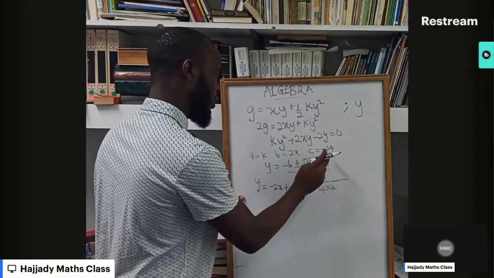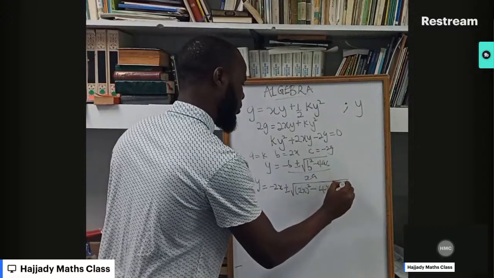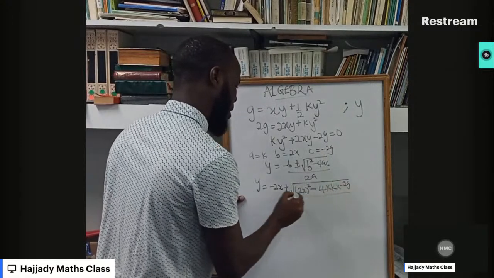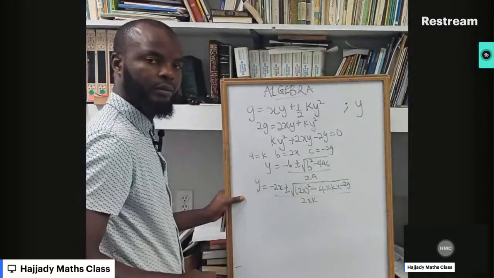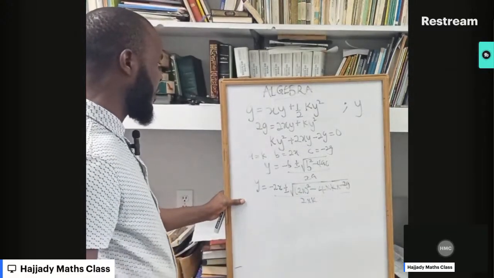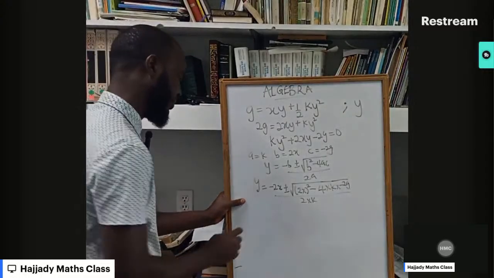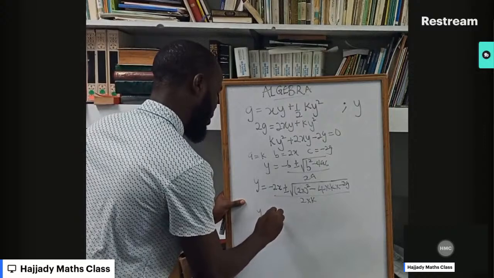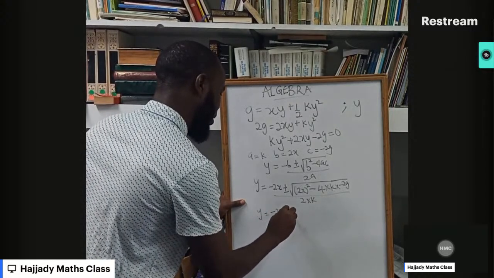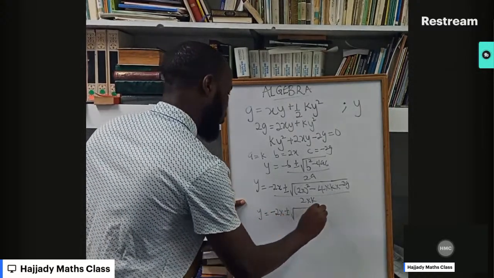C is what? Negative 2g, everything over 2 multiplied by k. So solving this further, here I have y equals negative 2x plus or minus root.